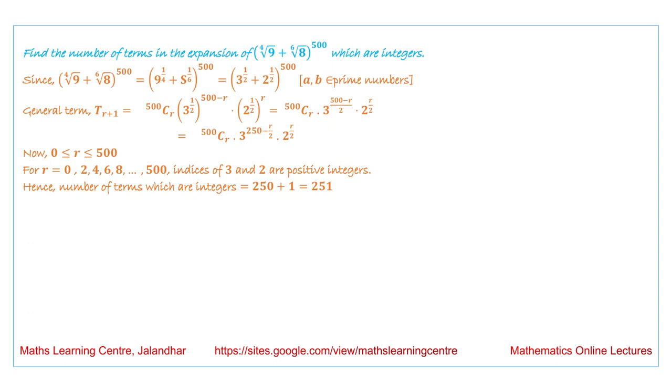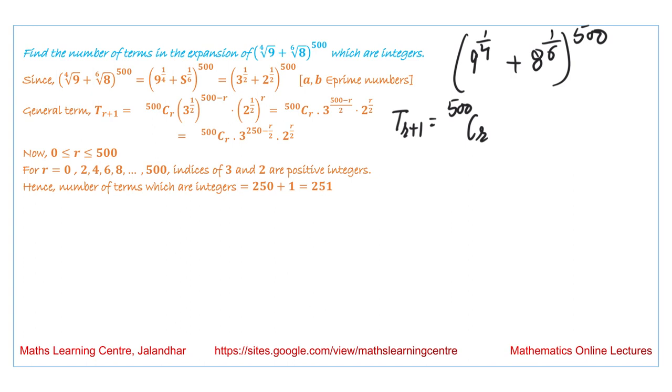If we write the general term, the expression is (9^(1/4) + 8^(1/6))^500. The general term T(r+1) is 500Cr, then 9^(1/4) raised to the power 500-r, and next it is 8, not 1/8, 8 raised to the power 1/6 raised to the power r.